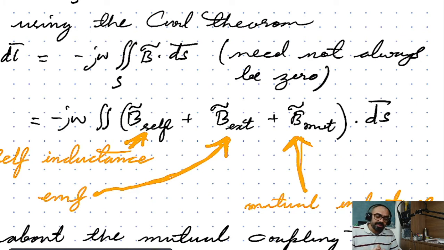This is the contribution by a particular component. And the second one is the externally imposed magnetic field. The last one is the field induced at one component by a distant component, a farther neighbor or near neighbor, for example.